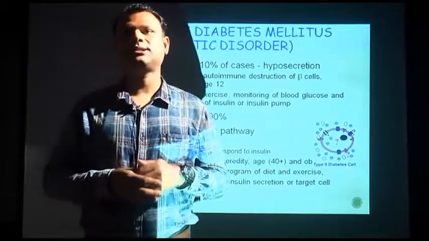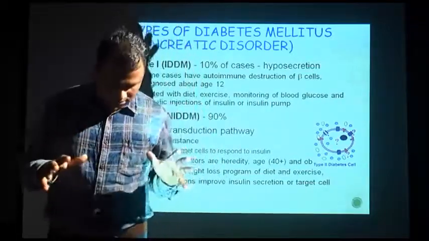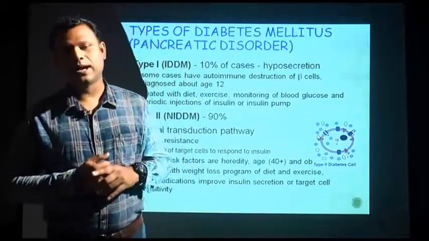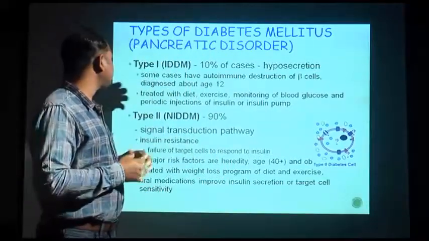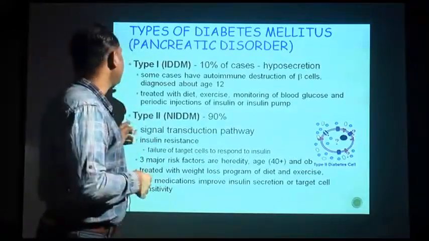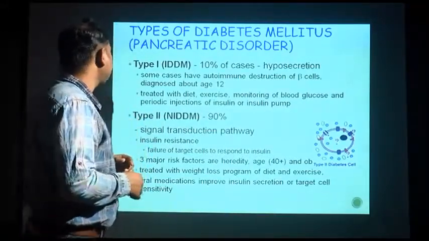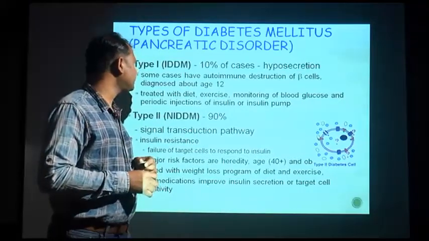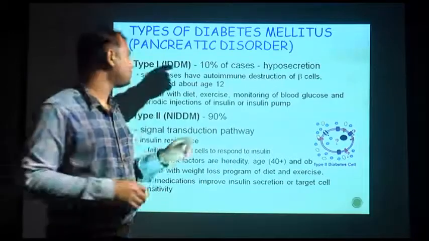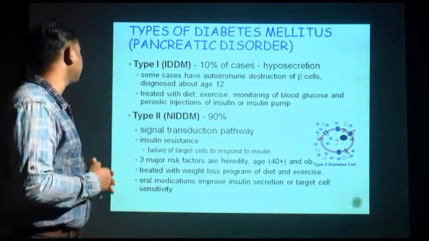So type 1 diabetes is not that disastrous compared to type 2 diabetes. Type 1 diabetes is also known as IDDM, insulin dependent diabetes mellitus. Okay. This depends on insulin. Then what is NIDDM? Non-insulin dependent diabetes mellitus, that is type 2.